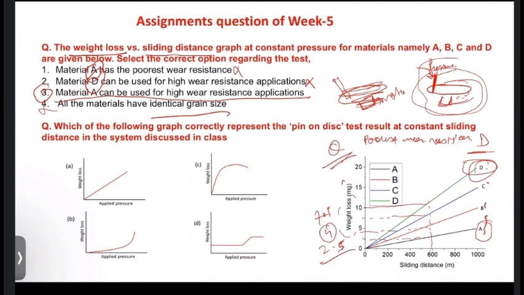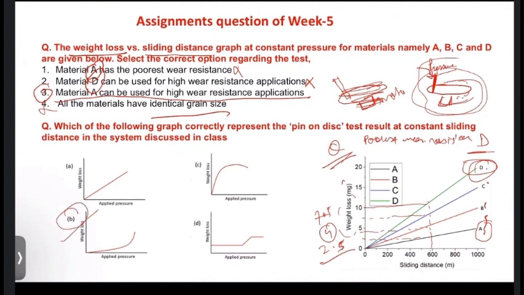Then what is the behavior? The correct option is with the applied pressure.